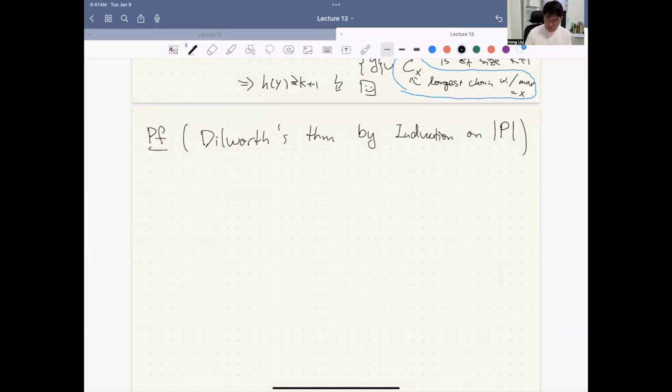The base case is very simple. When you have size 1, the singleton, the size of the anti-chain is 1, and the chain decomposition is 1. Nothing to prove. So we need to look at the inductive step.